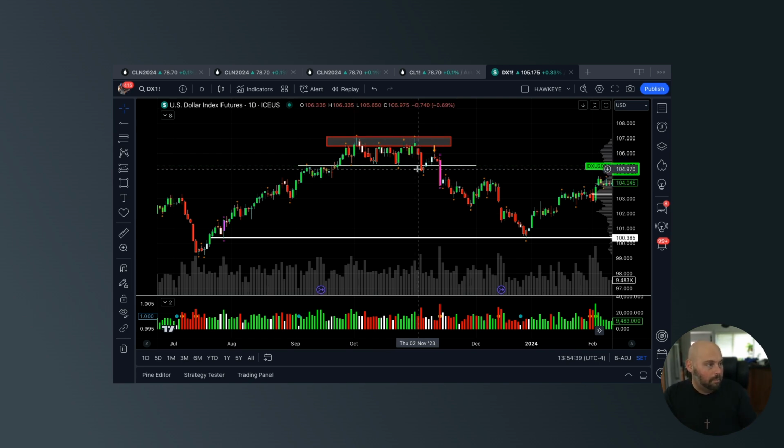So there's your impulse, there's a break of support, there's your correction, your new presence of sellers, impulse, correction, impulse, consolidation, impulse right into this prior wide bar on the way up.